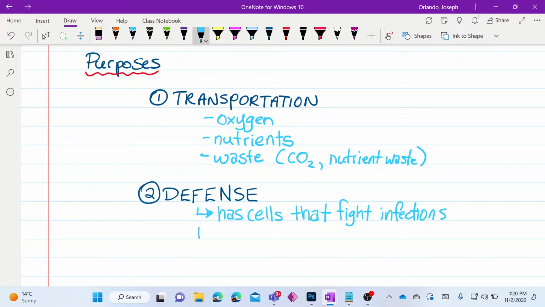But not only do you have cells that fight infection, we also have cells designed to heal wounds.